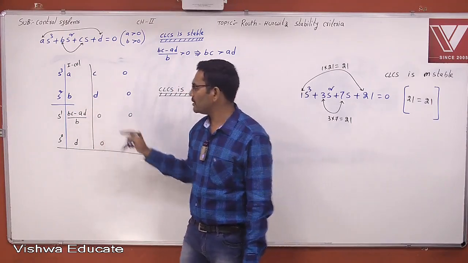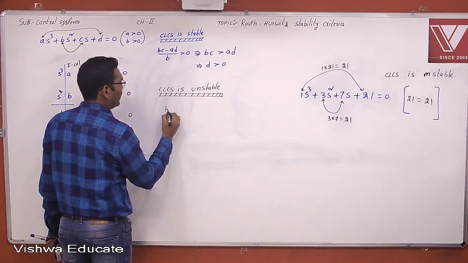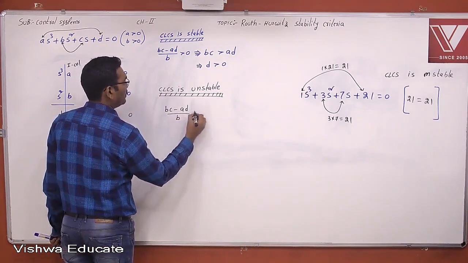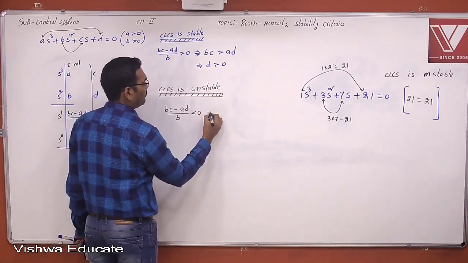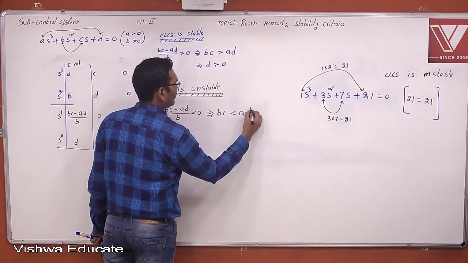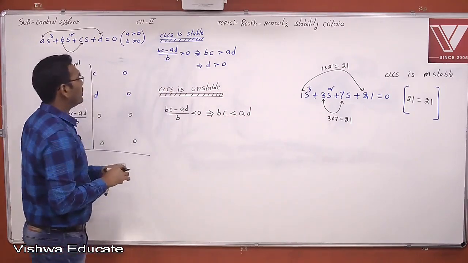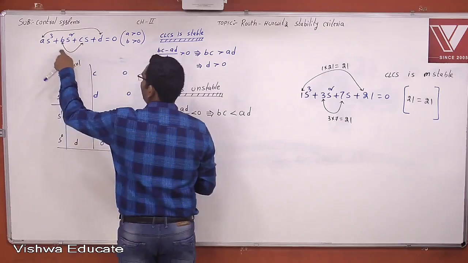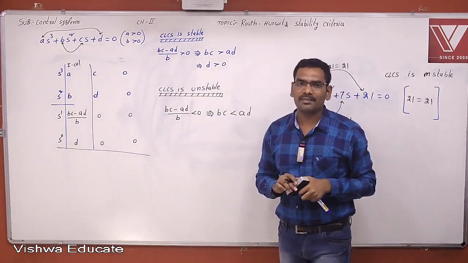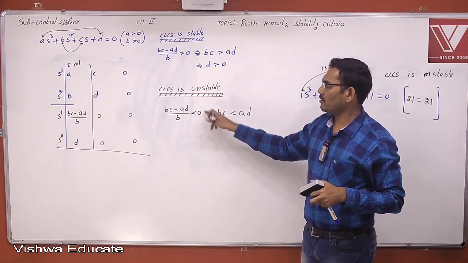How can you make this negative? You can make it negative if BC minus AD by B is less than 0. Therefore, the condition is BC is less than AD. The internal quotient product is less than the external quotient product, so the closed loop control system is unstable. Is it matching or not? Okay.